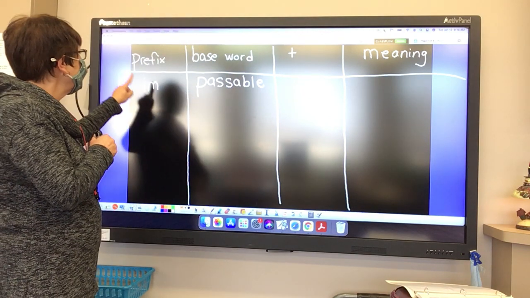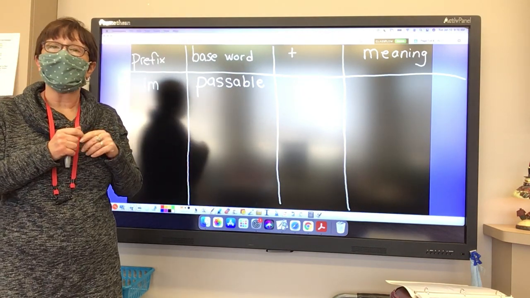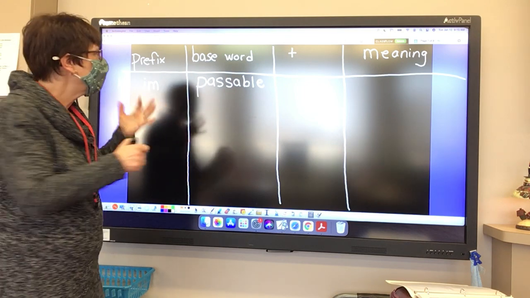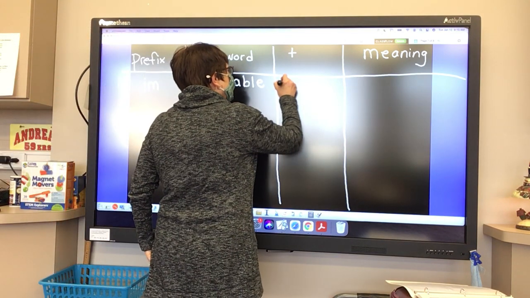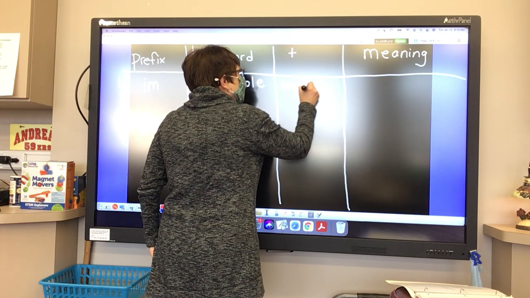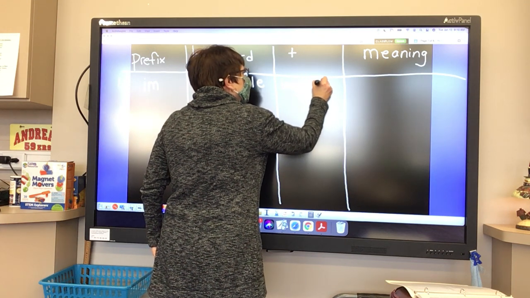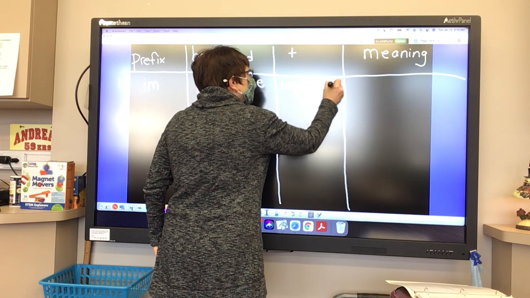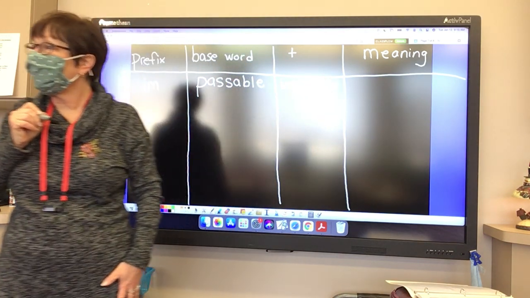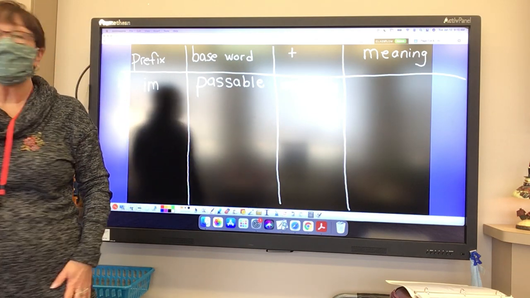Now, if I put "im" on it, what word am I going to make? What word would I make, Libby? Impassable. So let's write impassable. Let's write that because now we've added it together.